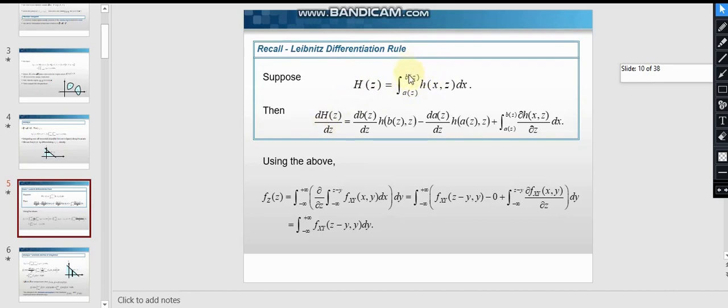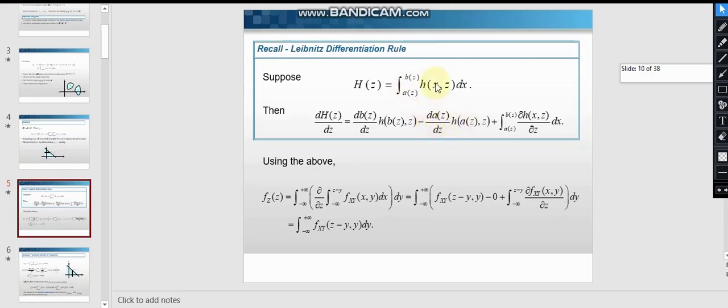the derivative of the upper limit b with respect to z, into that function. And here we will substitute the upper limit of x. Then minus, we will take the derivative of the lower limit with respect to z.